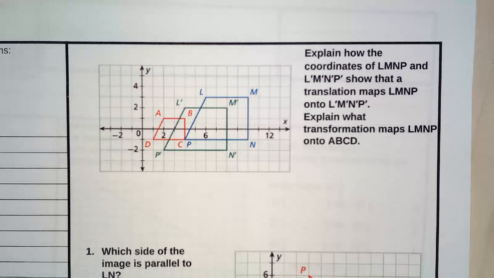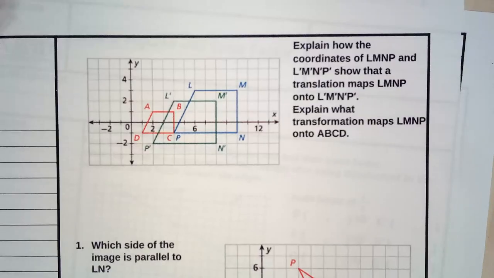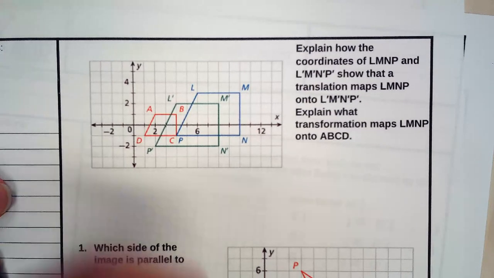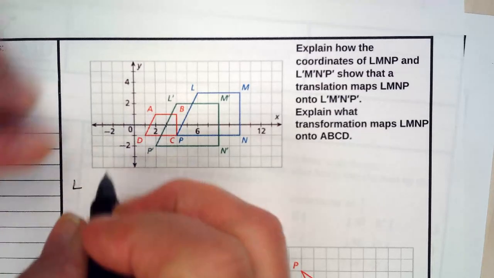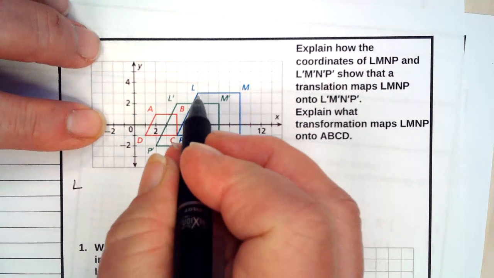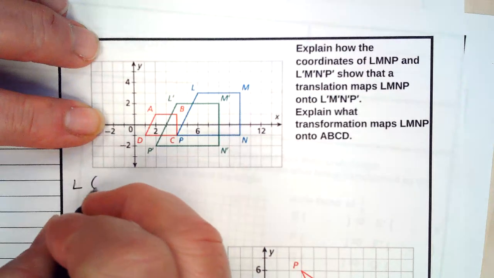Explain how the coordinates of L, M, N, P and L prime, M prime, N prime, P prime show that a translation maps LMNP onto L'M'N'P'. Okay, so let's look at it. L is the point 6, 3.